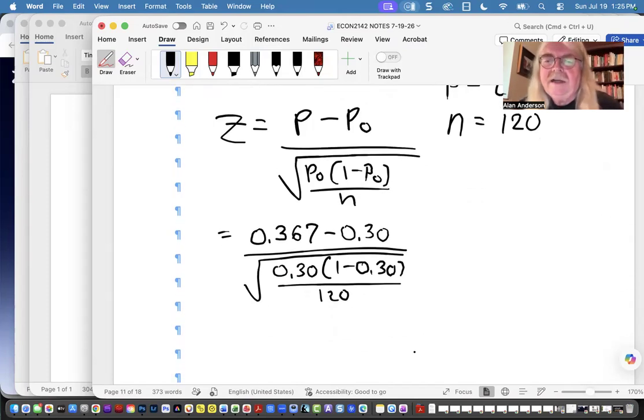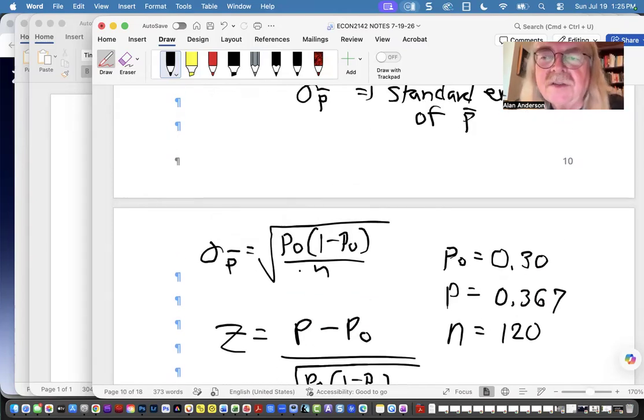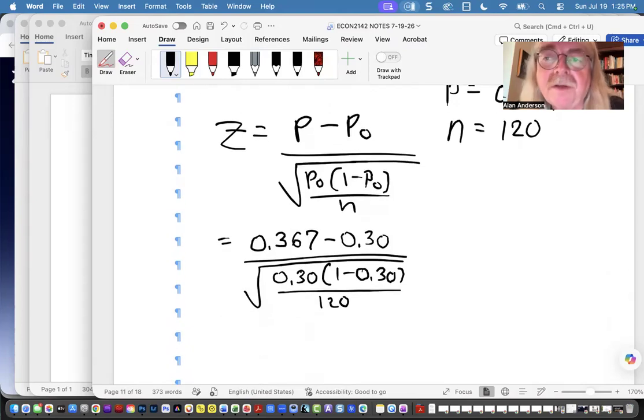Now, I think the reason why they wrote the test statistic this way is they're encouraging you to calculate the denominator first before you do this, because it is kind of a mess.